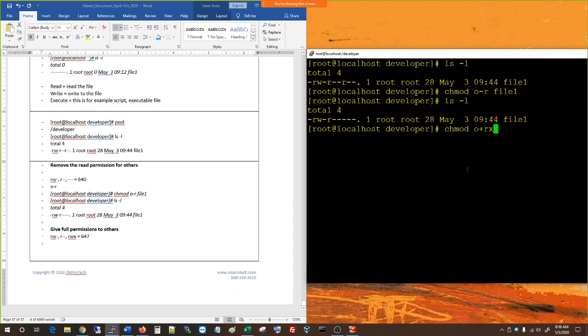Yes, very good. rwx. Okay, and the name of the file. Let's try rxw. I think it will work too.